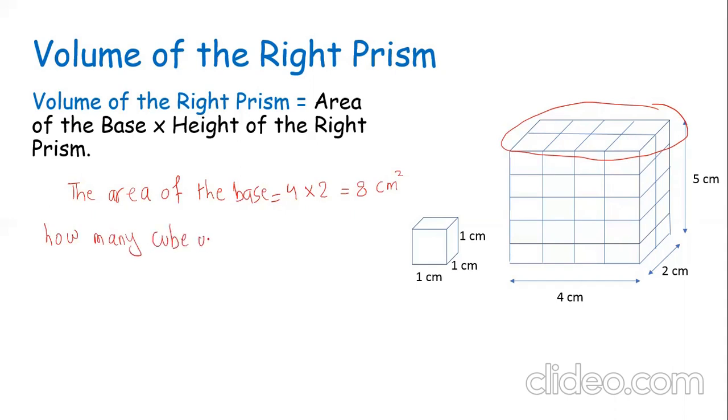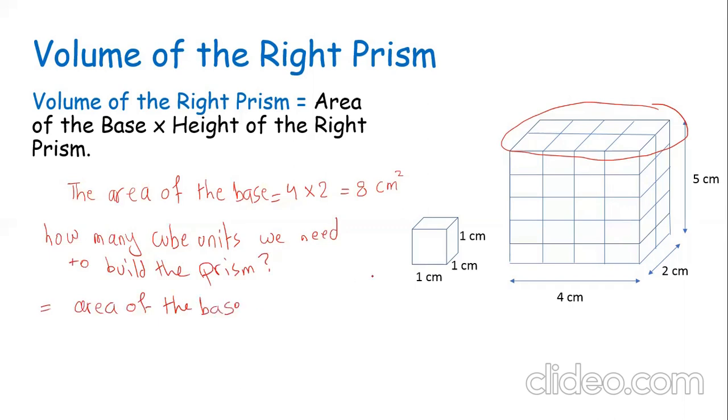The cube units we need to build the prism is equal to the area of the base multiplied by the height of the prism, which is 5 centimeters, since we need to repeat the layer we fit first at the base 5 times.